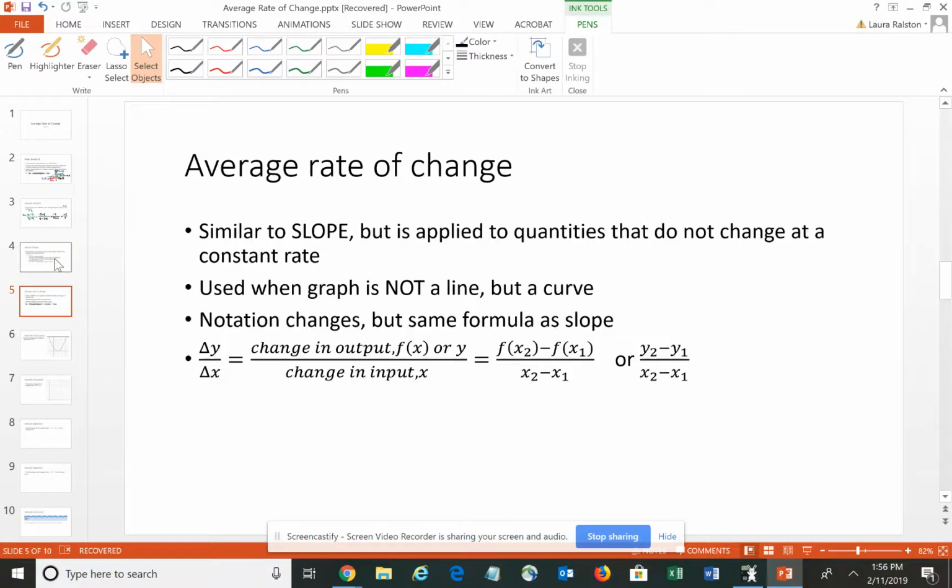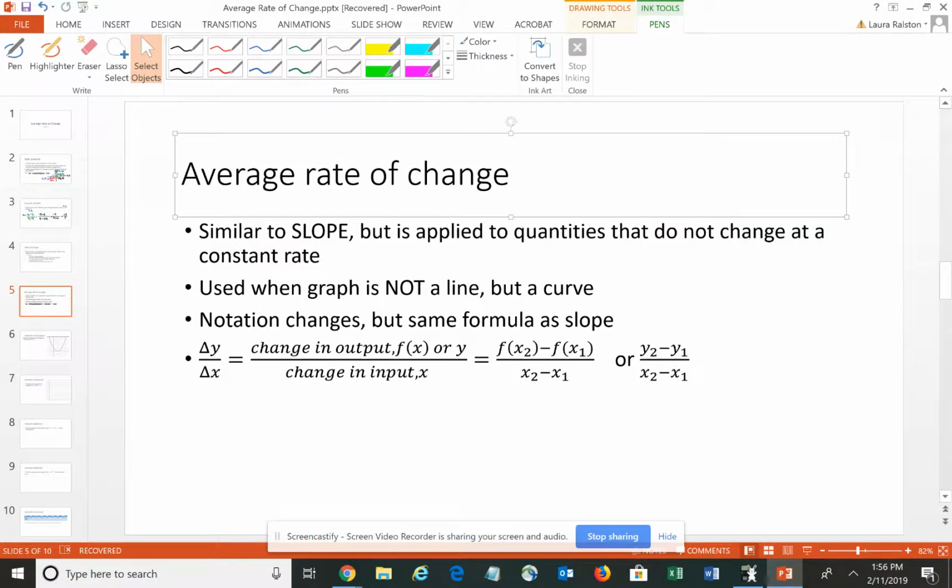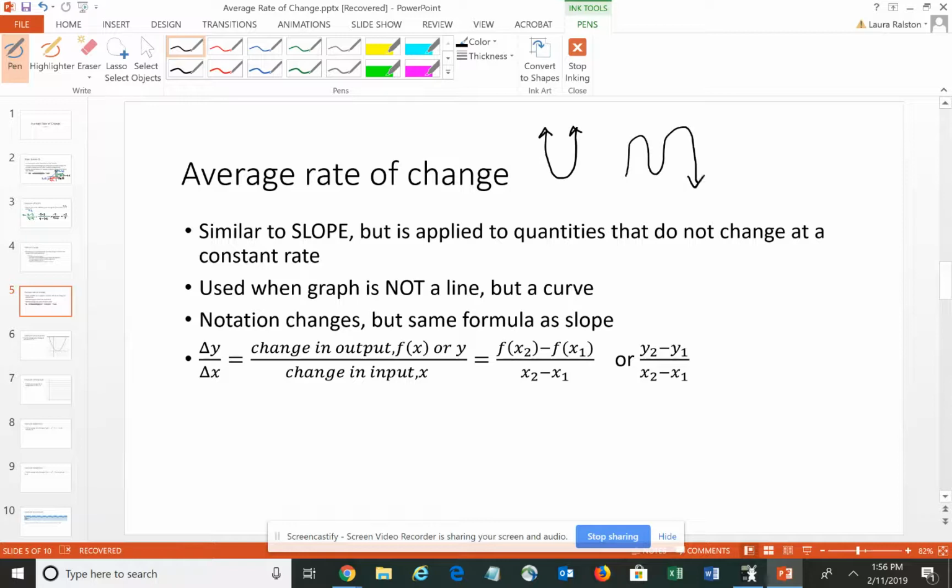And with average rate of change, it's similar to slope, but instead of applying it to lines, we apply it more to things like a parabola. We can apply it to any kind of loop-to-loop curve.